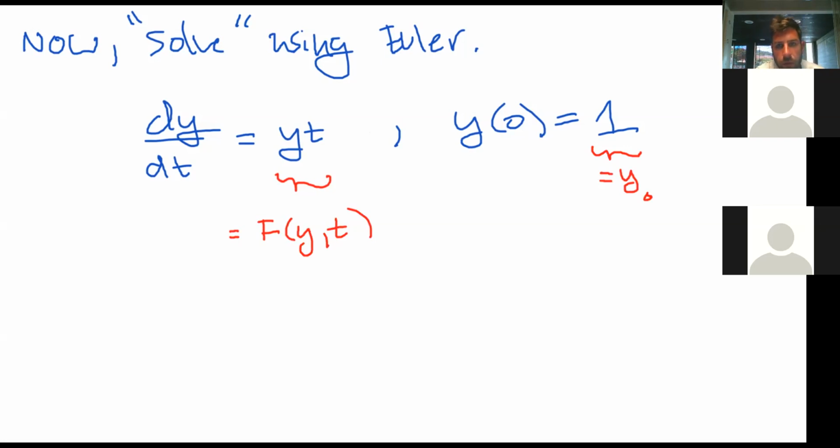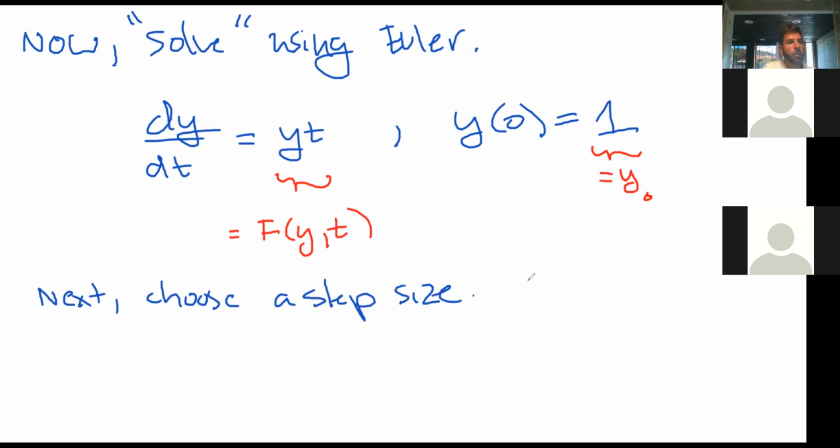If we want to use Euler's method, the first thing we need to do is decide on what we call the step size. So I'll choose h equals 0.1.